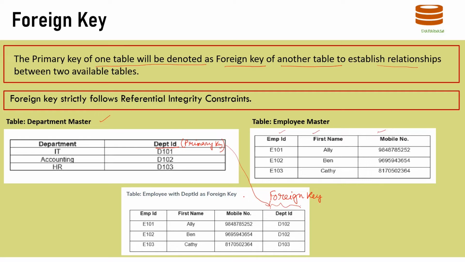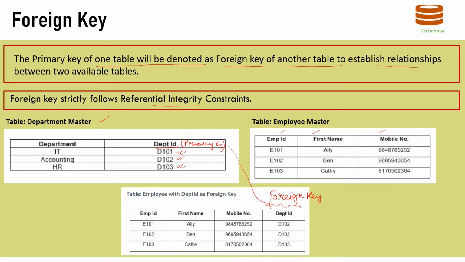Now if department ID is a foreign key, it should have certain properties. The first property is that only those department ID values are allowed in the employee table which are present in the department master table. Understood? You can see from here that only D101, D102 and D103 are mentioned in the department master table.